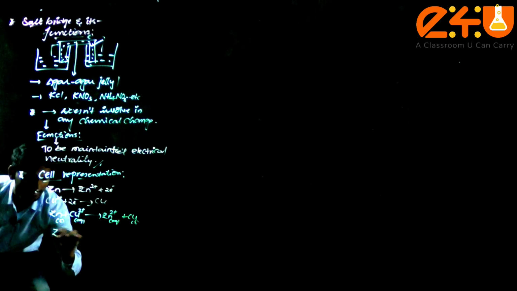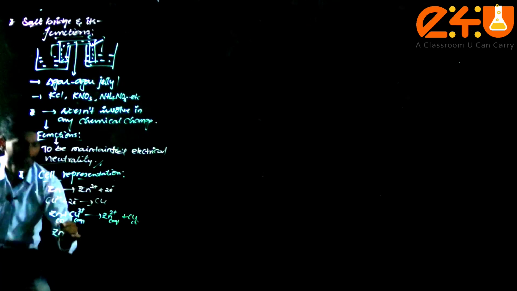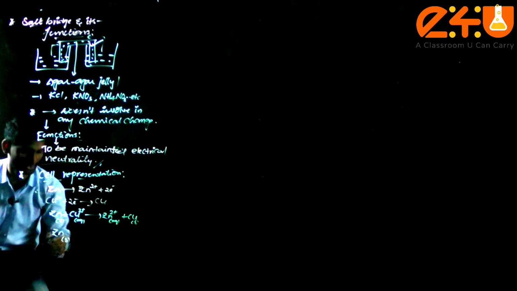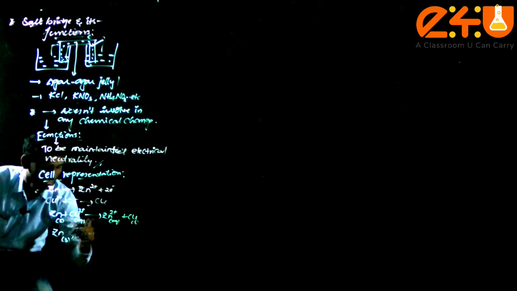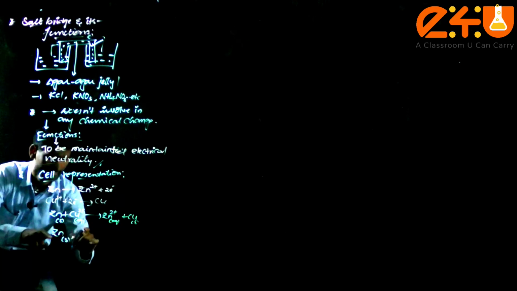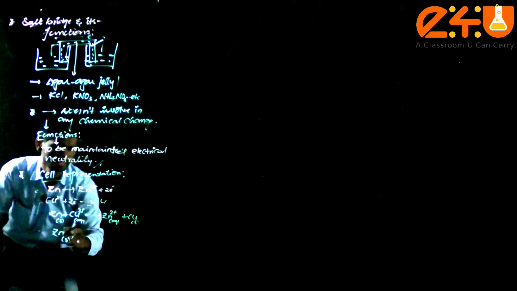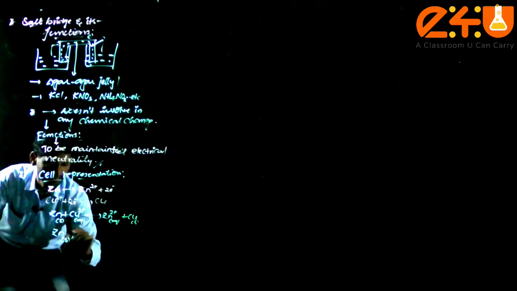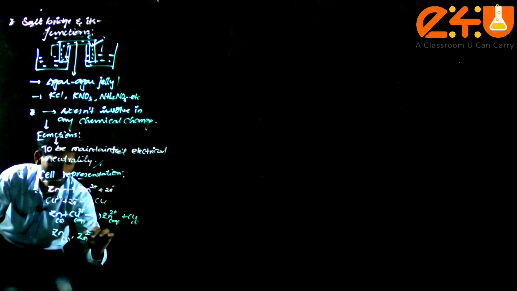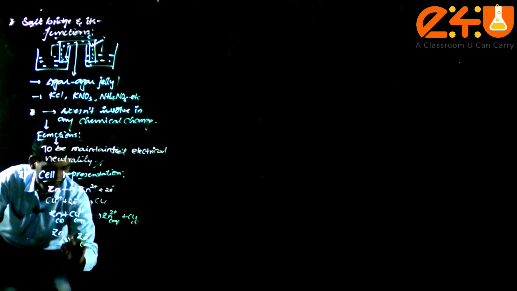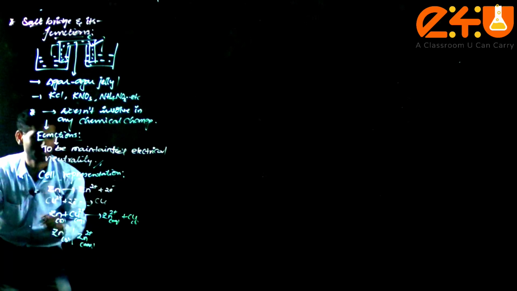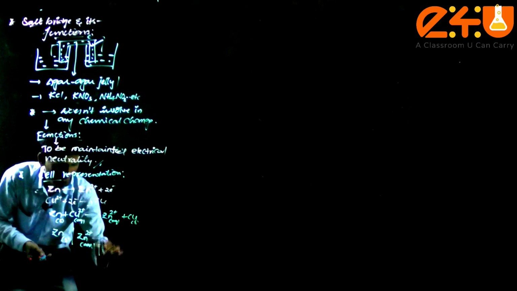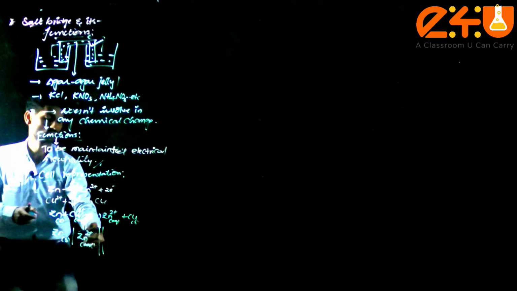Now I can write here zinc, which is solid, so I can mention solid, comma. Next, we take the solution: Zn oxidation on the left hand side, Zn2+. We represent these with one vertical line, and the two sides are separated by two vertical lines.